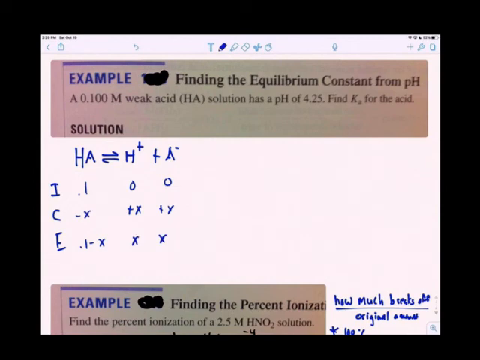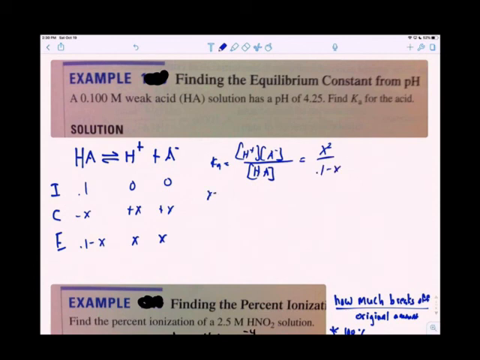Then the Ka is going to be H plus, not adding, you have to multiply it, hydrogen ion, anion, all over acid, which is going to be x squared over 0.1 minus x.